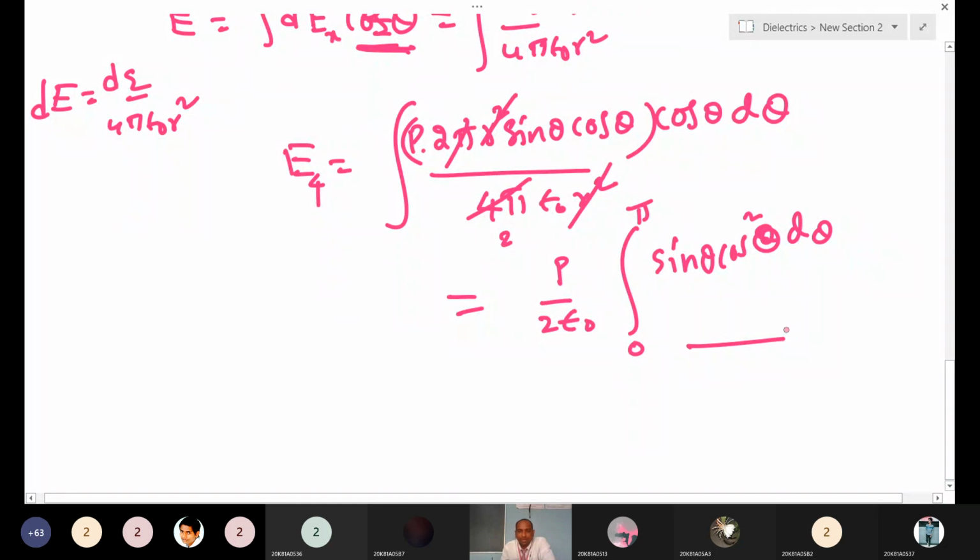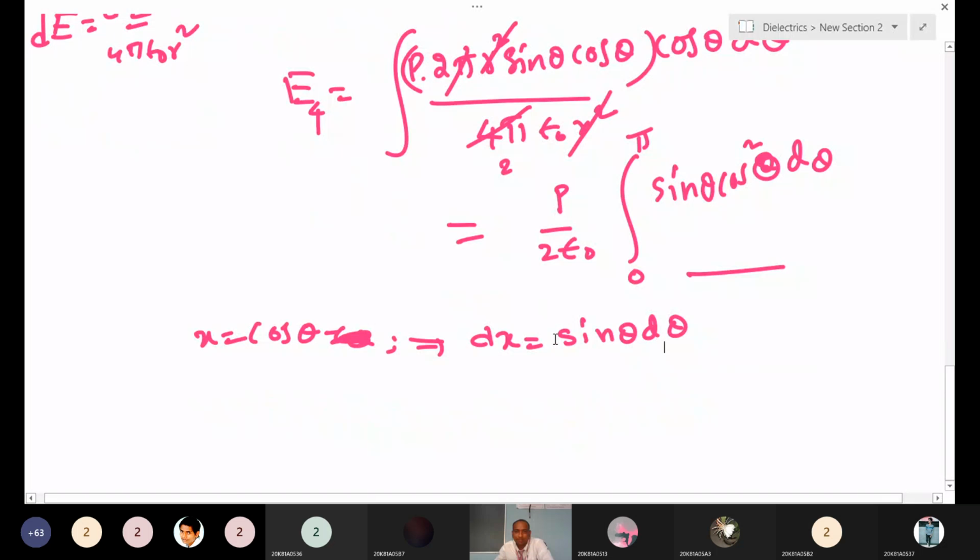No? Otherwise, if you don't know the formula, you take cos theta is equal to x. Or you can take x is equal to cos theta, whatever you take. So you differentiate this one: dx is equal to what is the answer? Sin theta d theta, right? So from there you substitute these values here.